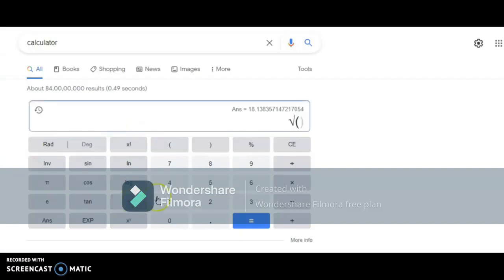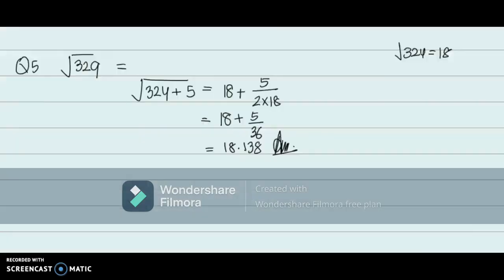So square root of 329 is equal to 18.138 up to 3 decimal places, and you can see here we have got the same answer.